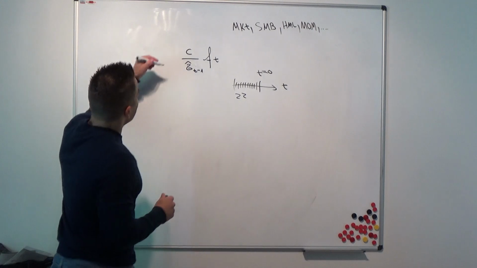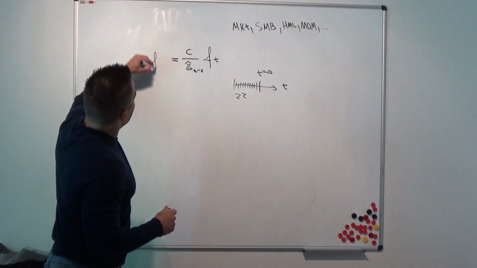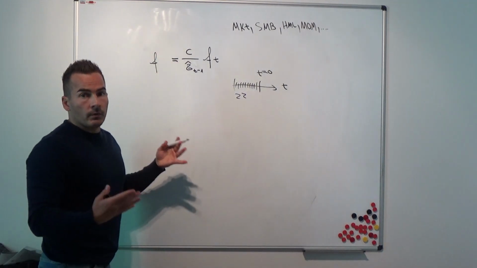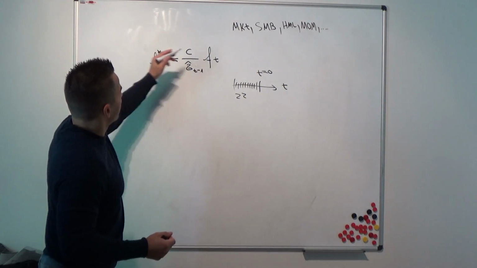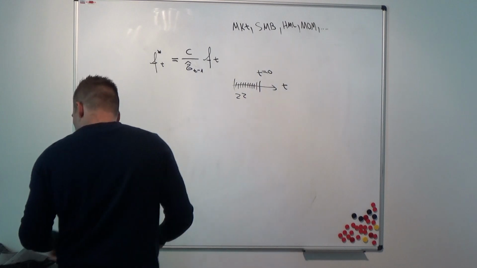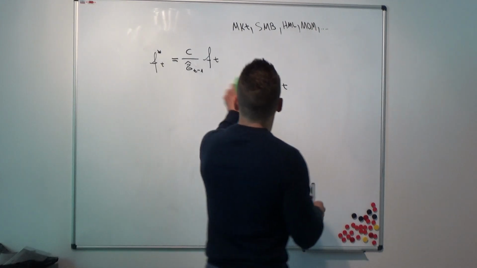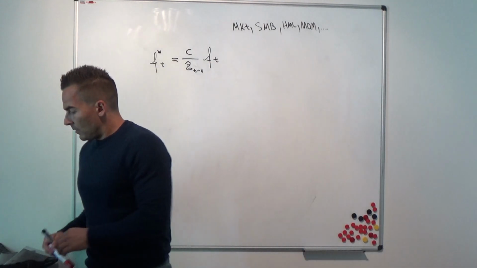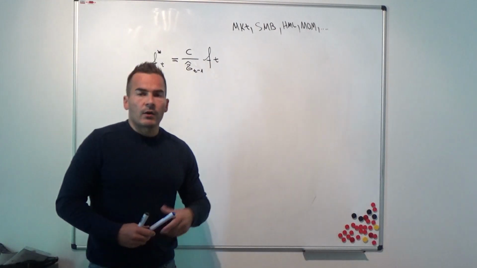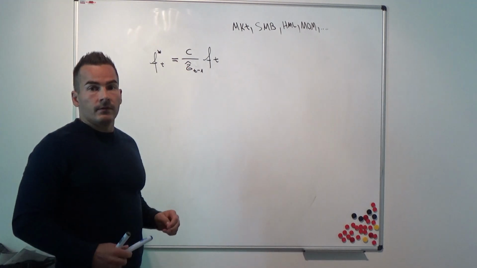So then your volatility-managed risk factor at time t is nothing else than this product here. Another question arises: what's that C?